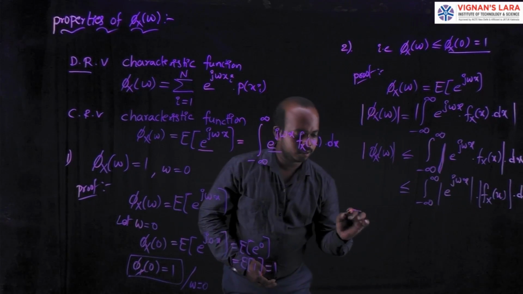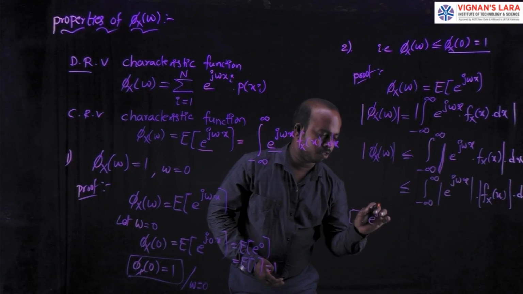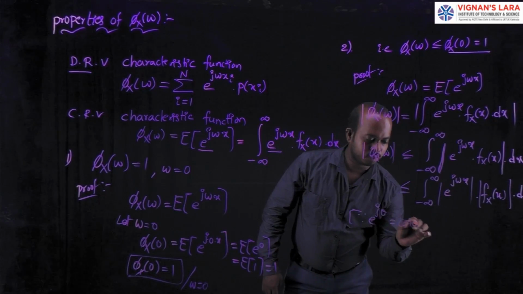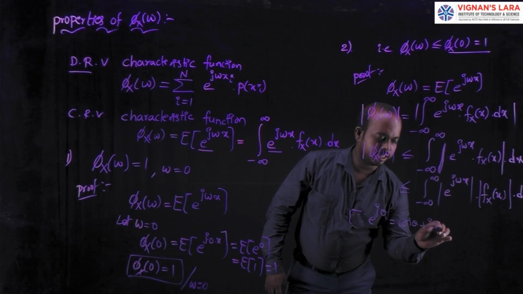Already you know that e power j theta is written as cos theta plus j sin theta.